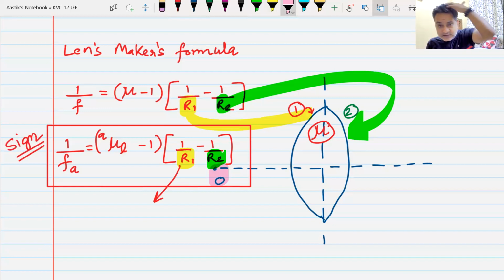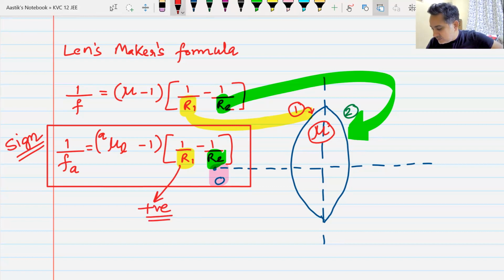Is it positive or is it negative? Negative, sir. R1. Look at the object and see what type of surface R1 is. And then give me the answer. Positive, sir. R1 is positive.